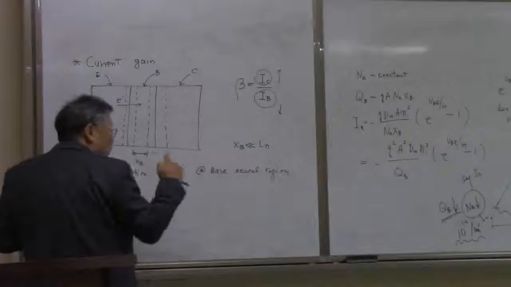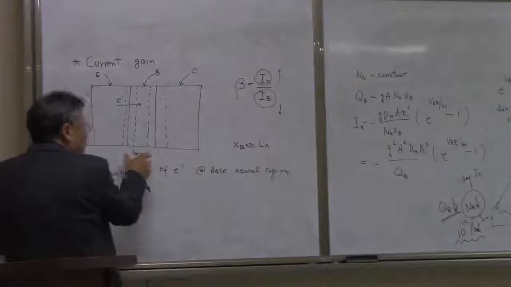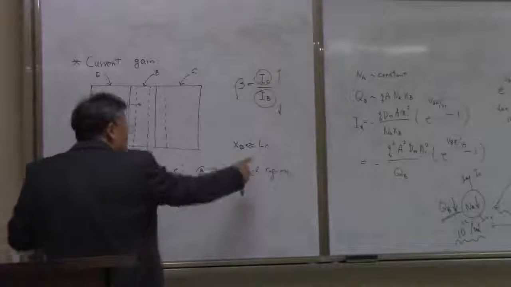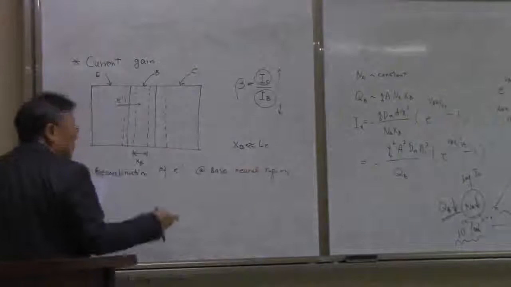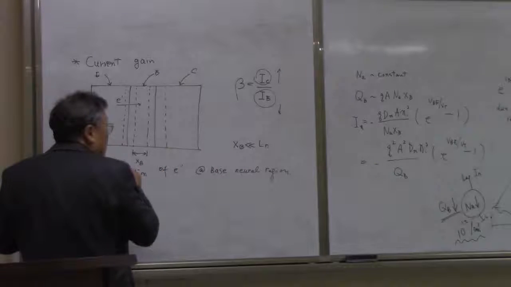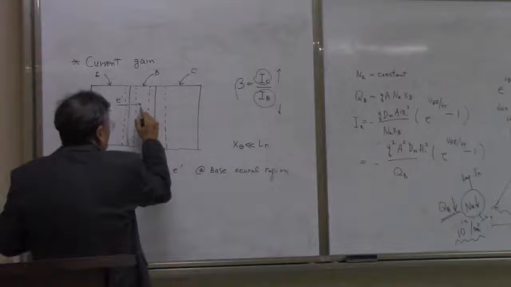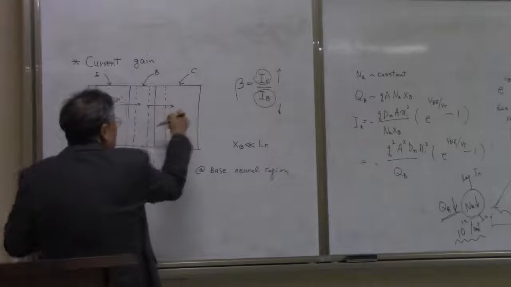So if we are able to make this base width much smaller than the electron lifetimes, I should say, then before recombining, it is going to pass to the collector.